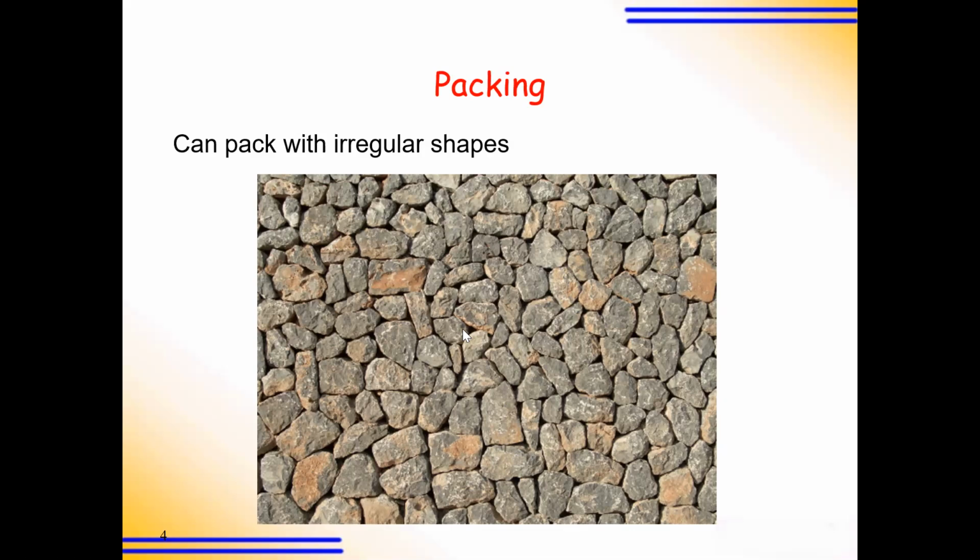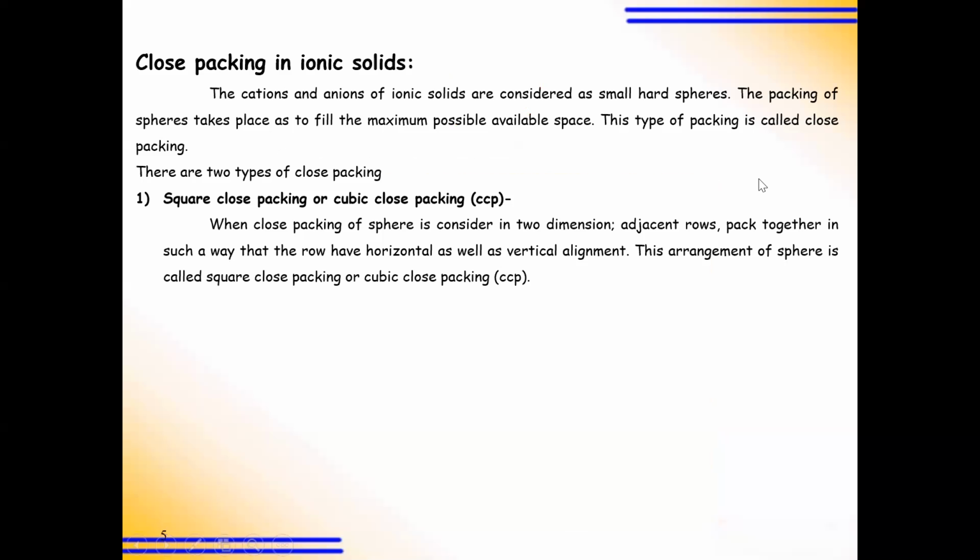So this kind of packing is very important in crystals, right? In the close packing in ionic solids, the cations and anions are considered as small hard spheres, and the packing takes place so as to fill the maximum possible available space. So this type of packing is called a close packing.